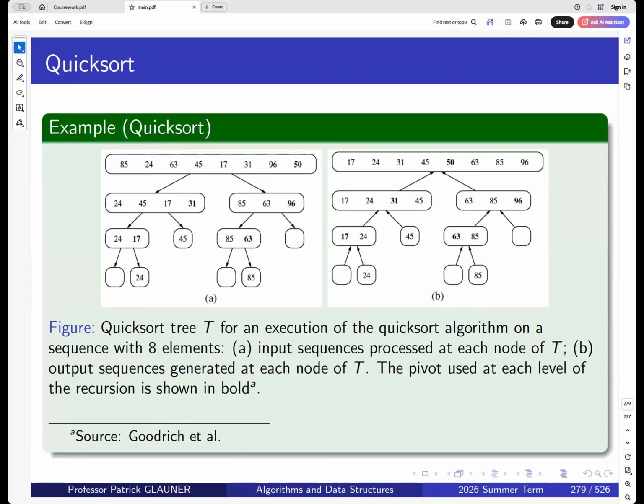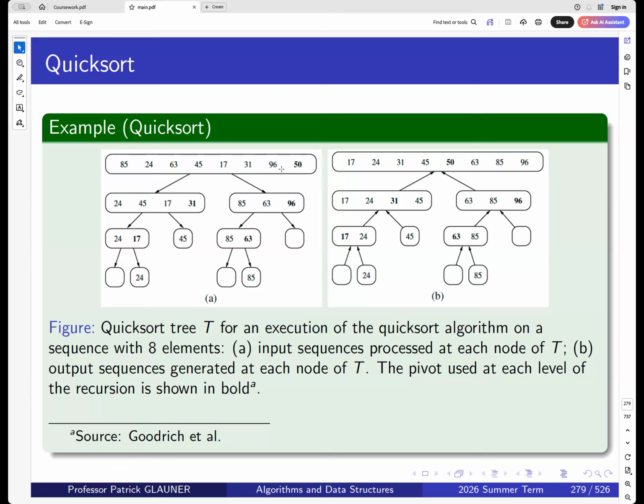One student says, if we always pick the rightmost element and it's the biggest number, all the other elements are smaller and they would go into the left list. So if you want to guess a little bit, please guess in the chat what you think the worst case complexity could be.